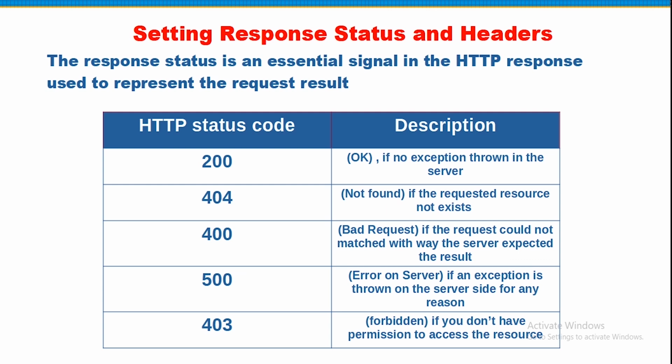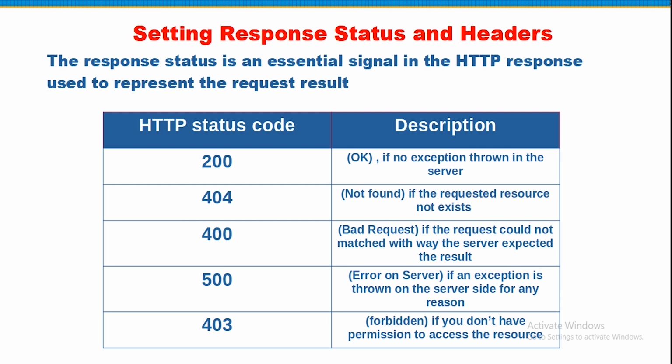You can see here we have 200, which is okay if no exception is thrown in the server. We have 404, which is not found if the requested resource does not exist. We also have 400, which is bad request if the request could not match with the way the server expected. We have 500, that is error on server if an exception is thrown on the server side for any reason. We have 403, forbidden if you don't have permission to access the resource.